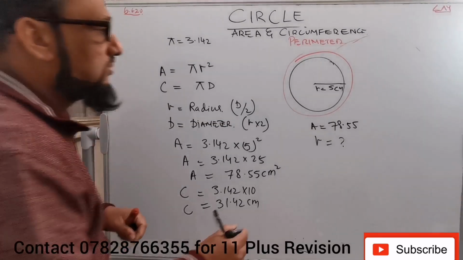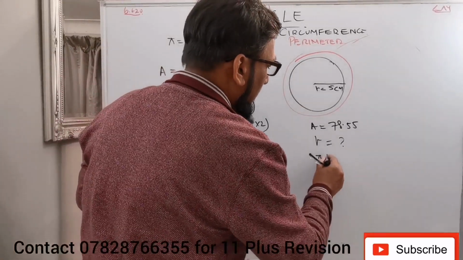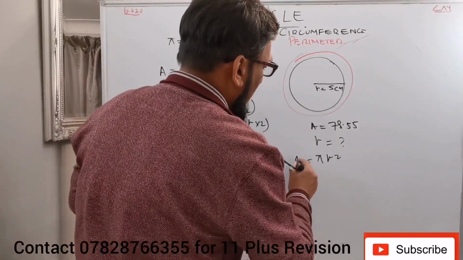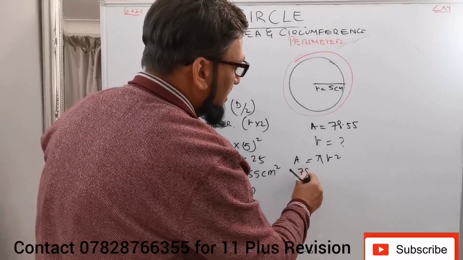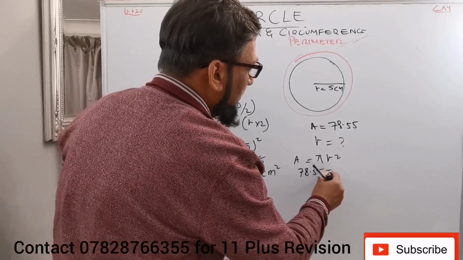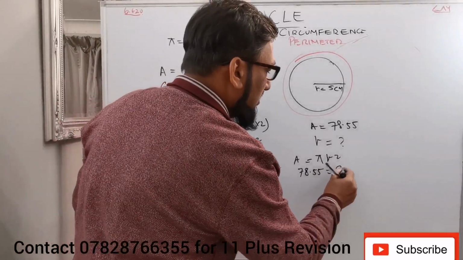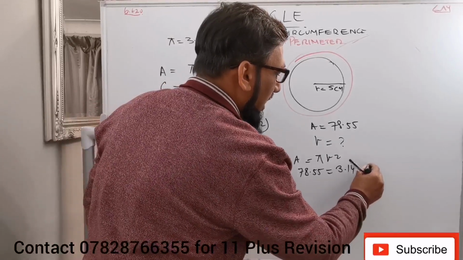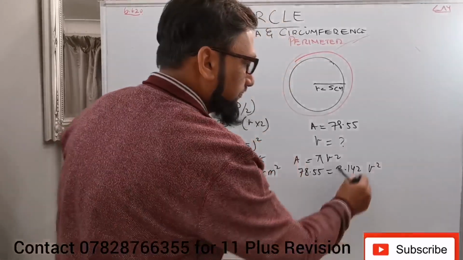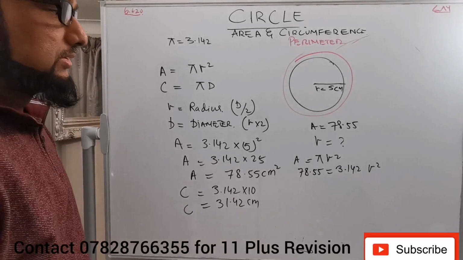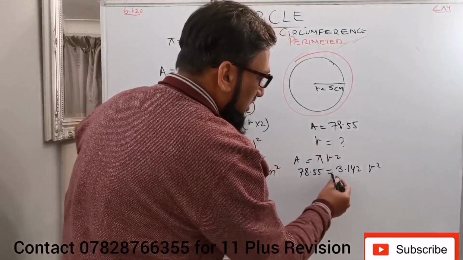So what you do is plug in the values into the formula, pi r square, which is A. So A is 78.55, and the pi value is 3.142, times r square. So this is the equation.